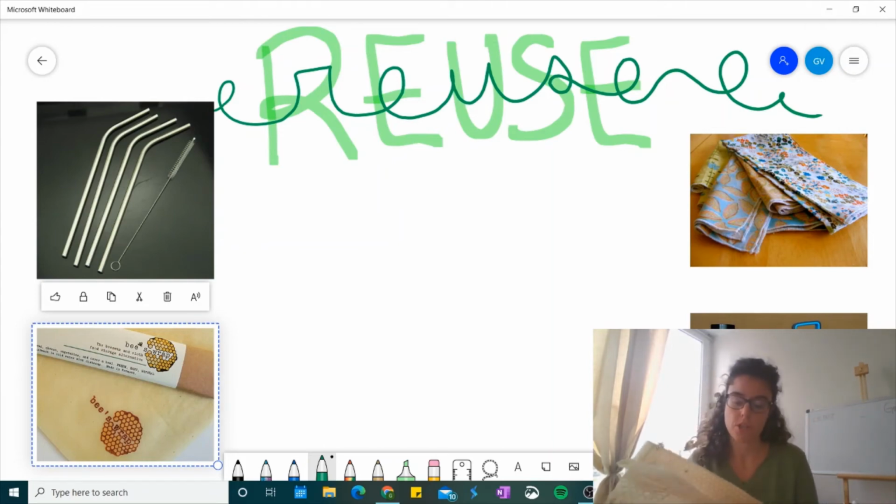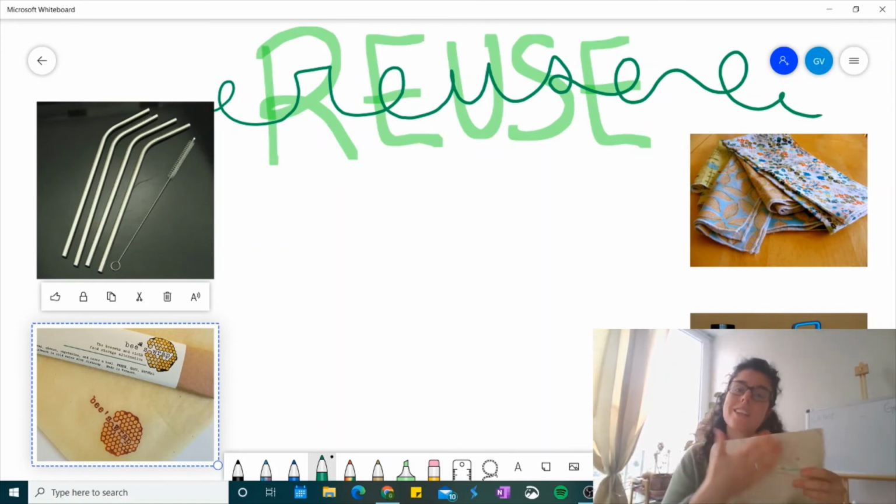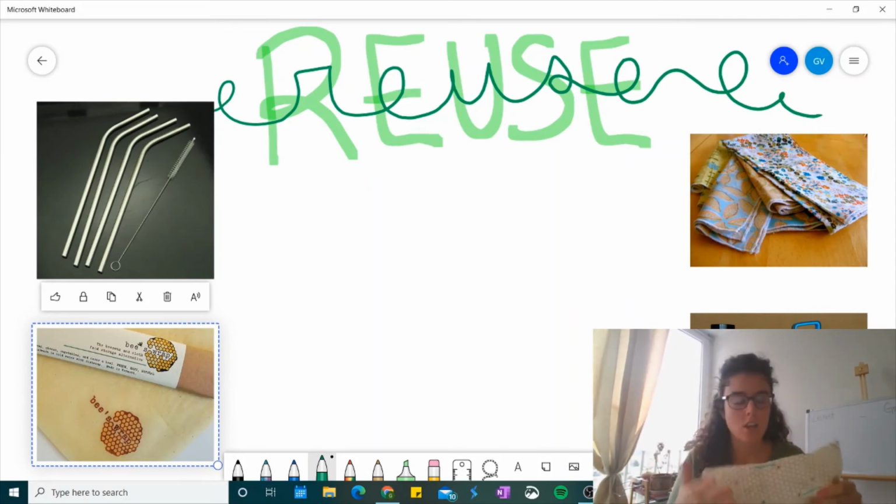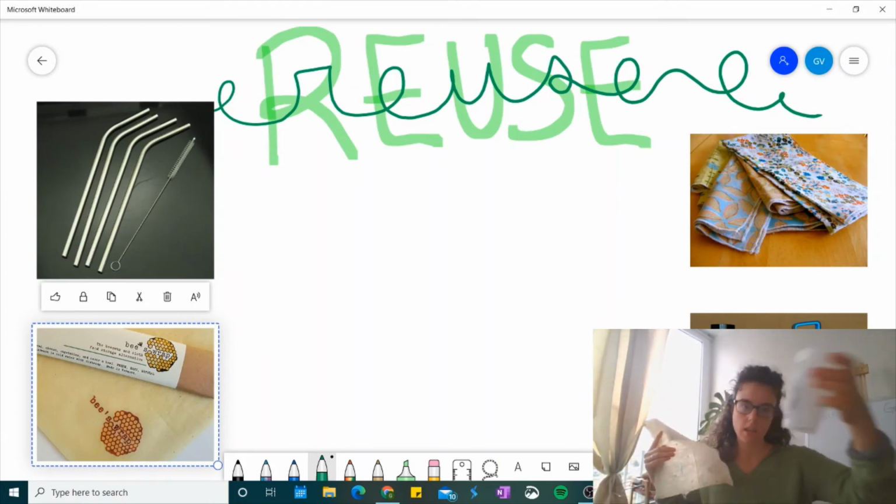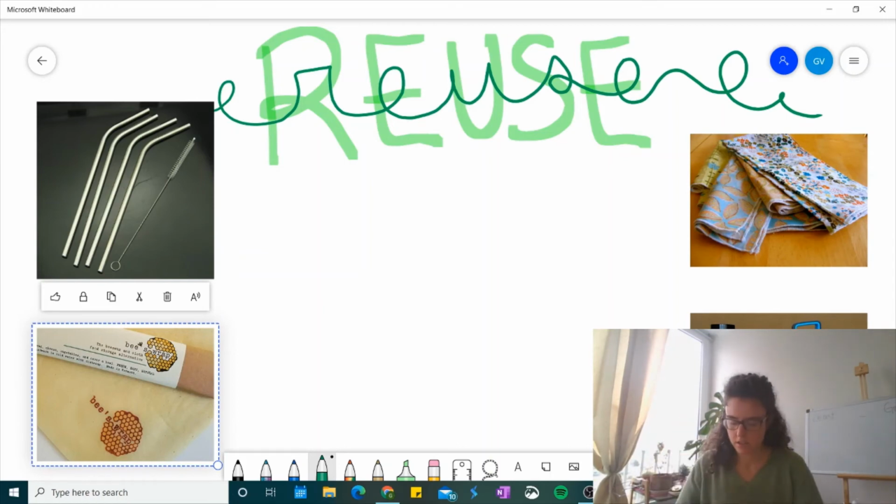So another option is to get this, which is fabric. Okay, so it's like the napkins, but it's covered in beeswax. So it's got this kind of, do you hear that? It's kind of a little rough. And what you do is you take whatever you're going to cover and you cover it, and with your hands, it warms up the wax.